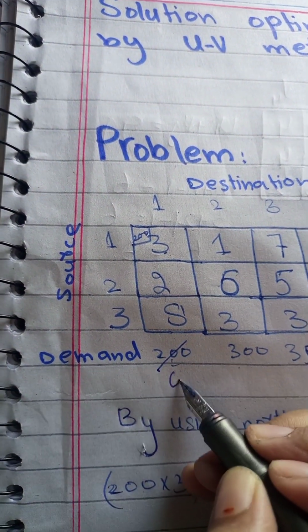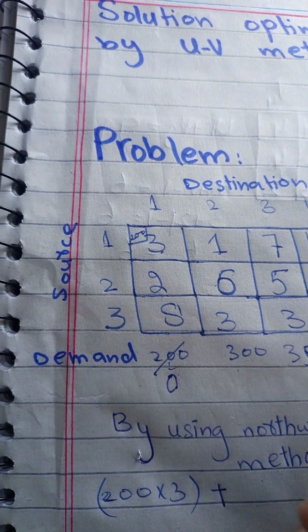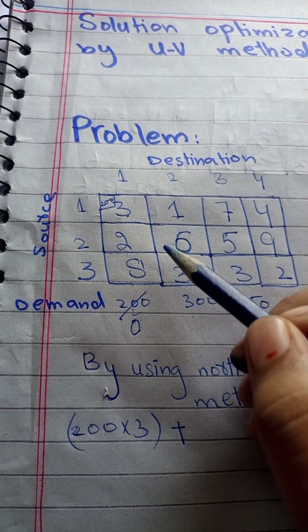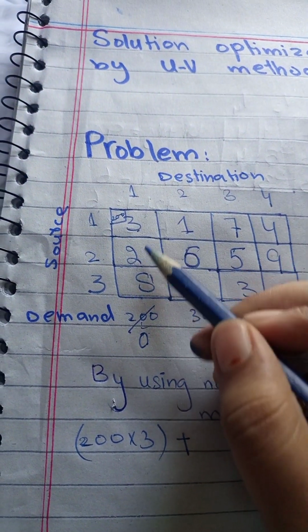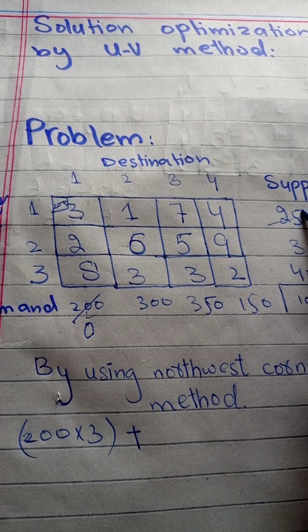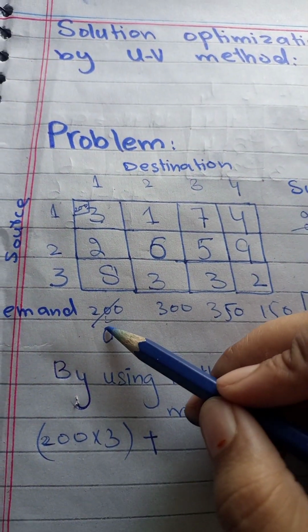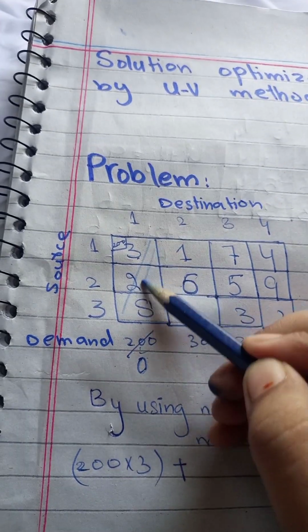So 200 will become 0 and here will remain 50. When any demand becomes 0, the whole column will be cancelled. At the same time, when any supply becomes 0, the whole row is cancelled. So this row will be cancelled.